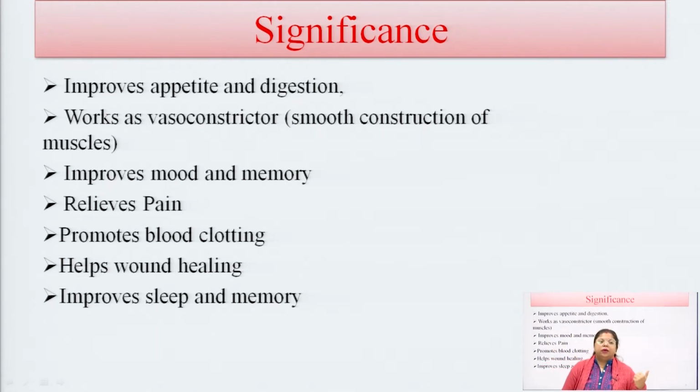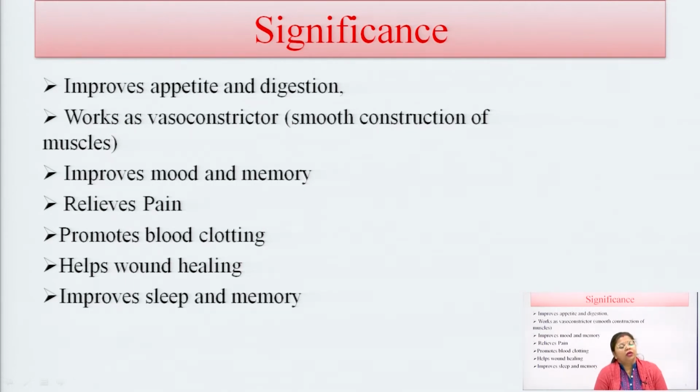This serotonin improves appetite and digestion. Serotonin helps in increasing appetite, and in a condition where the patient has too much inefficiency to eat, they can control appetite and improve digestion also.